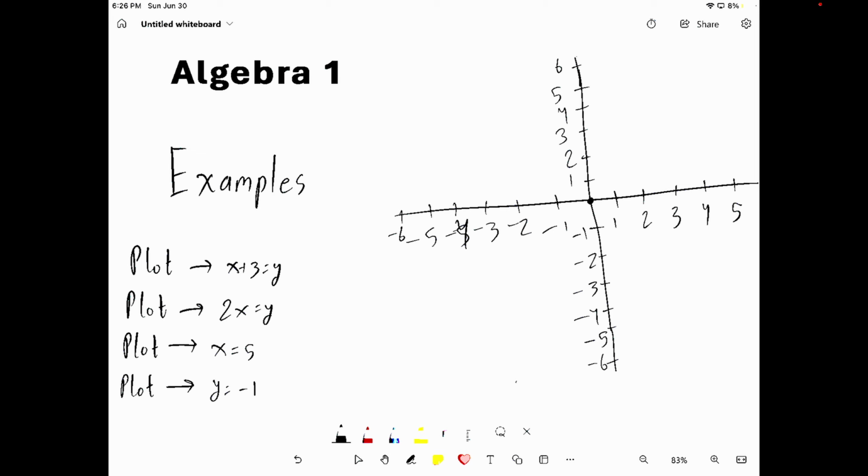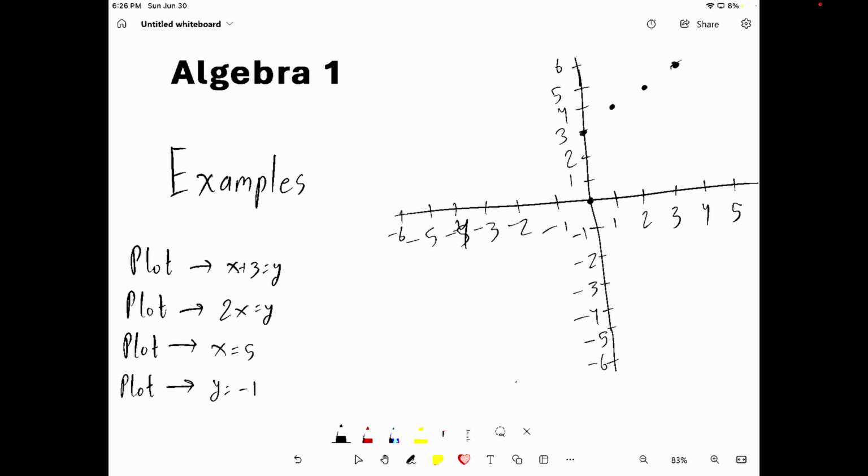And y is equal to 3, so we go 3 units up. Boom. Here. x is equal to 1, y is equal to 4 because 1 plus 3 is equal to 4. x is equal to 2, and y is equal to 5. That becomes over here. x is equal to 3, and y is equal to 6 becomes over here.